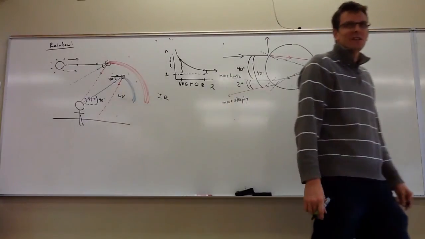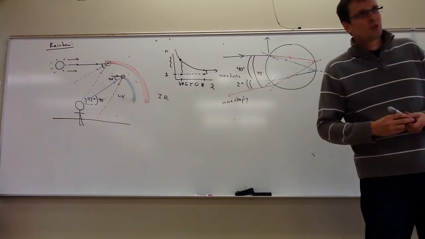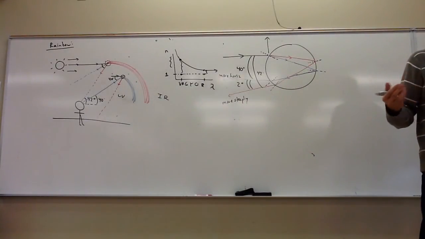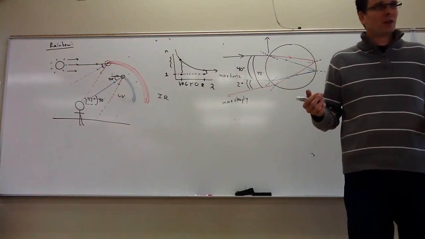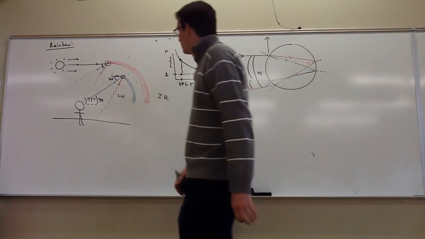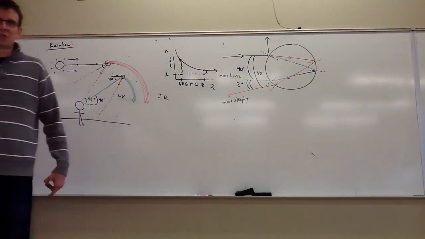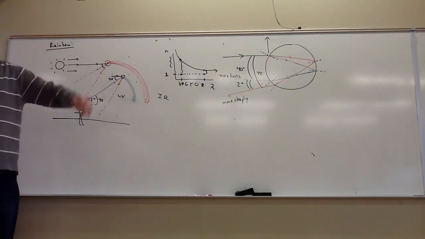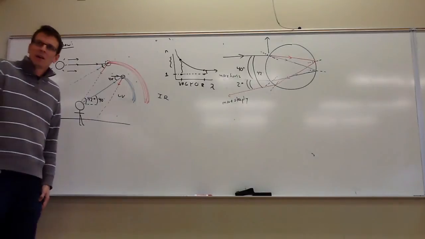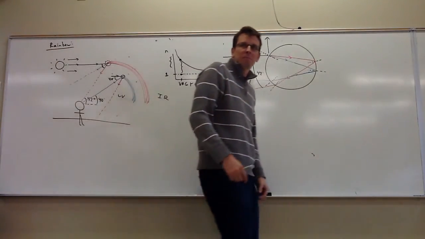So our eyes can only detect 2 degrees worth of this just because that's where we stop seeing electromagnetic radiation as visible color, right? So this rainbow does continue. Are there any questions on that?